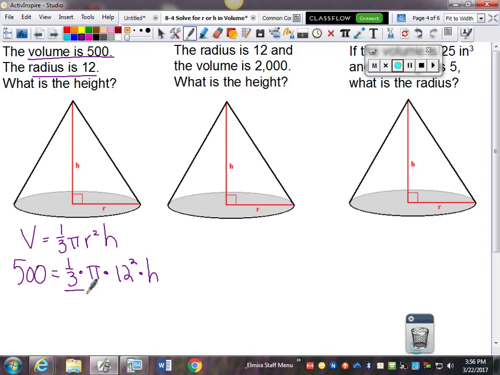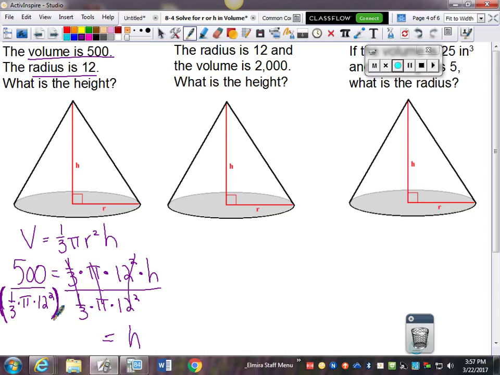So again, we're going to divide both sides by all the numbers so that we can bring h down. Again, remember to put parentheses around this before you start typing in the calculator.